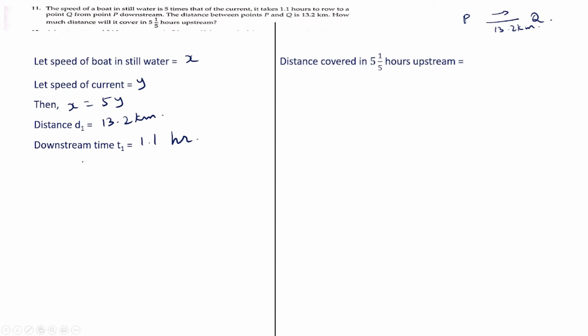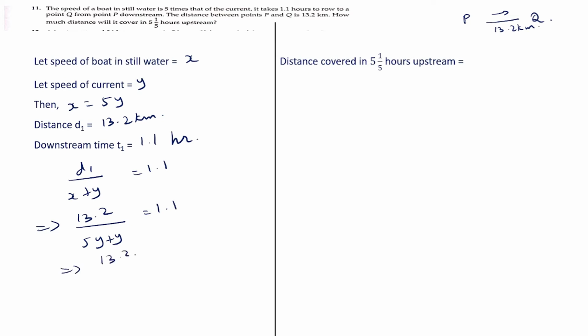Now we know the formula: time is distance by speed. So the downstream time will be distance upon downstream speed, which is equal to 1.1. So we have 13.2 upon x plus y, and since x is 5y, we have 13.2 upon 5y plus y equal to 1.1.